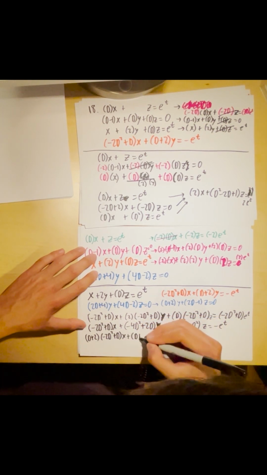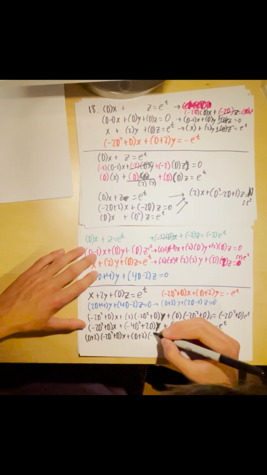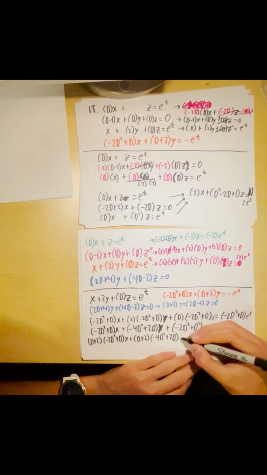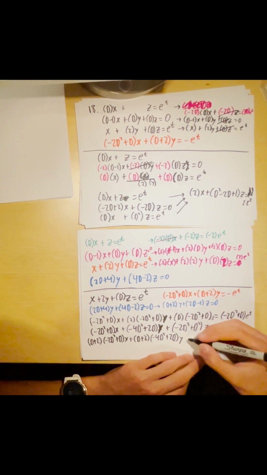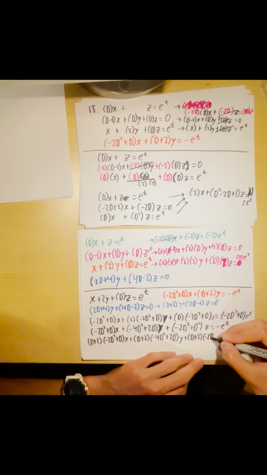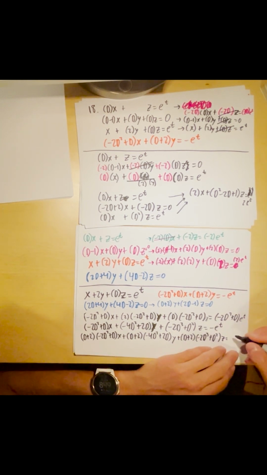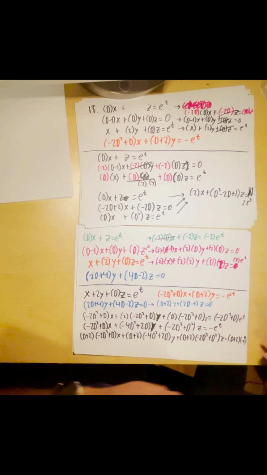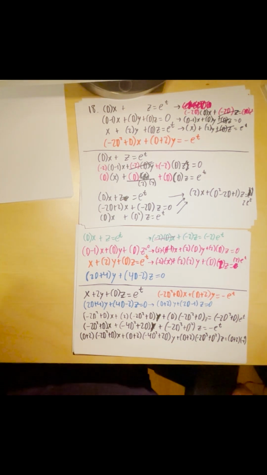So once we're through with this, it's relatively smooth sailing. That's negative e to the t.